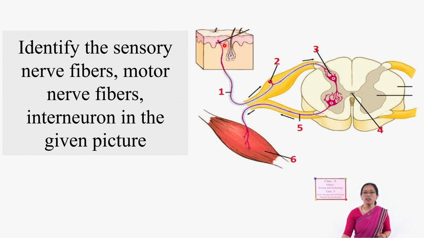Skin to the central nervous system, the spinal cord. It is passing. Number 2, yes, this is the sensory neuron. And the motor nerve? Number 5 is the motor nerve. And which one is the interneuron? Yes, number 3. Very good.